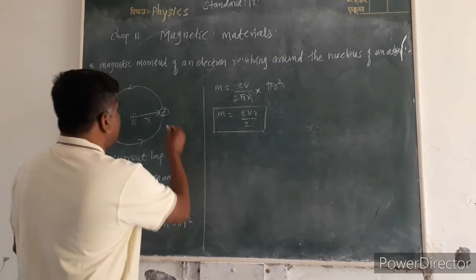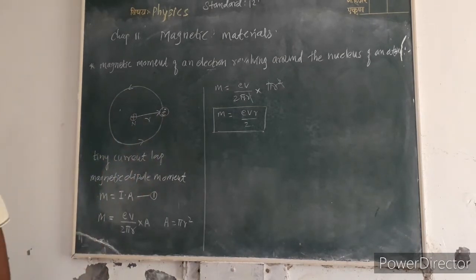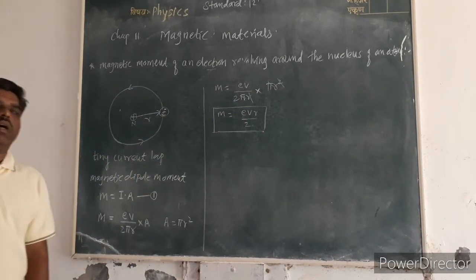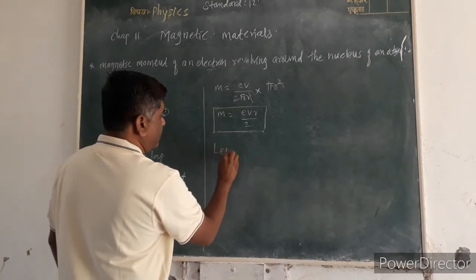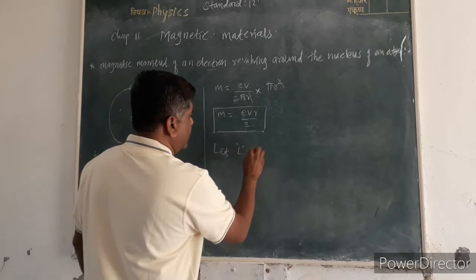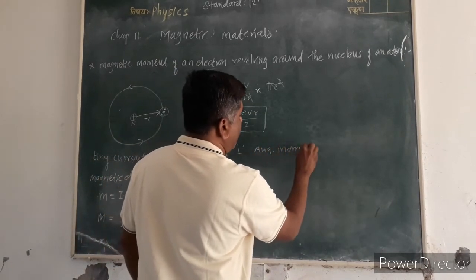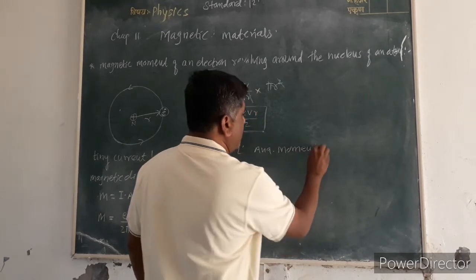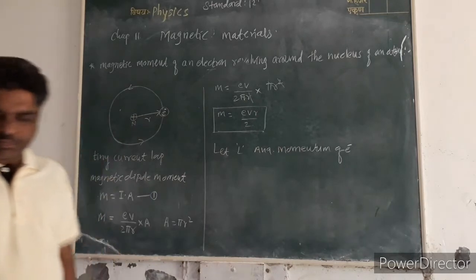Also, this electron is revolving around the nucleus with some angular momentum. Therefore, let L be the angular momentum of the electron.